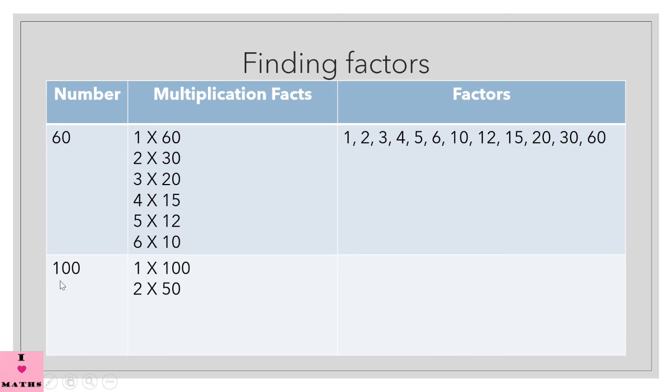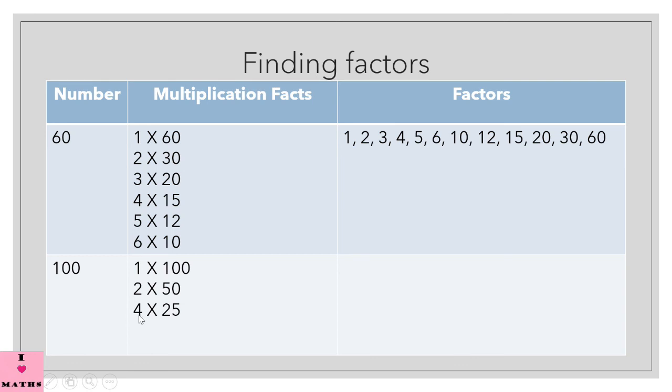Now, children, 100 does not come in the table of 3 because 3 threes are 9, 1 remainder, 10, 3 threes are 9, and again 1 will be remainder. So, 100 does not come in the table of 3. But it comes in the table of 4. You know, 25 fours are 100 or 4 25s are 100.